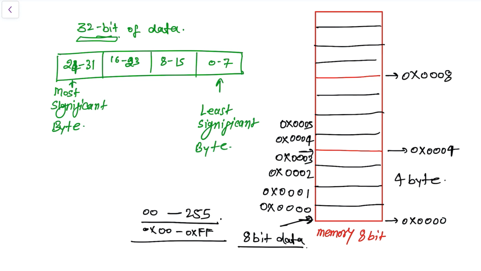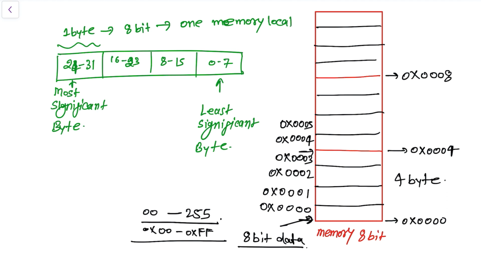Now the main problem comes here. Let's say this data is 1 byte, which is 8 bits, and this takes 1 memory location. So the question is, which byte should we store first?